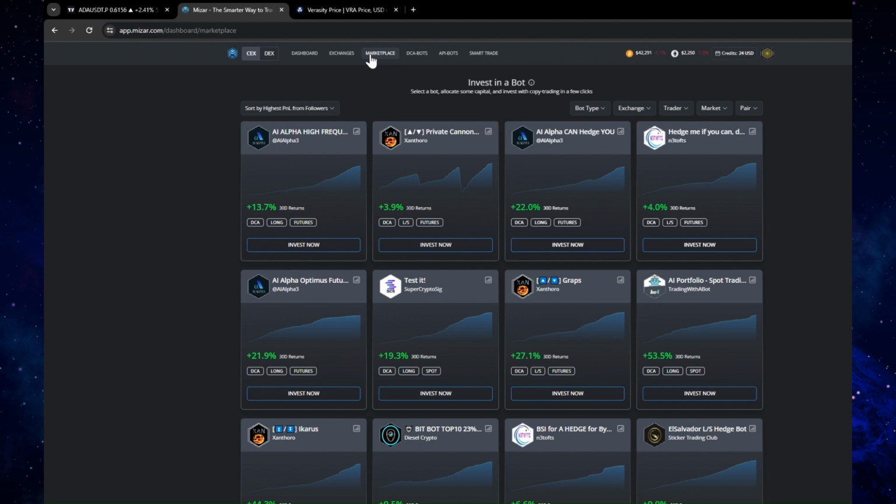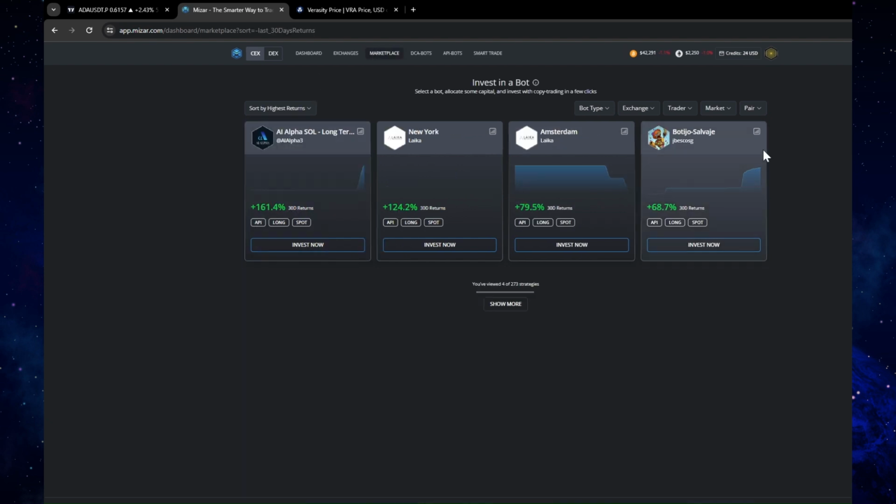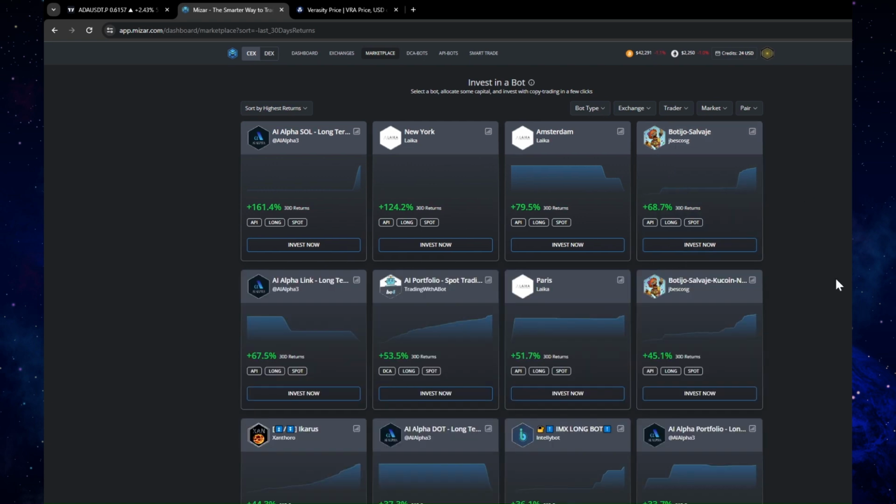So if you go in Mizar's marketplace, which is an excellent tool to really assess how profitable the current situation is, given different strategy providers and different approaches that they have. And currently, if I look, for example, at the highest returns, we see various strategies that sometimes produce over 100% during the last 30 days.